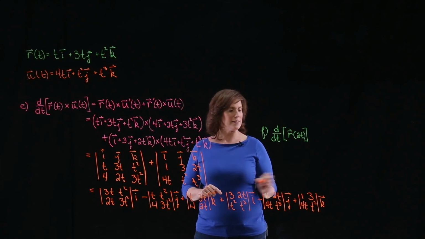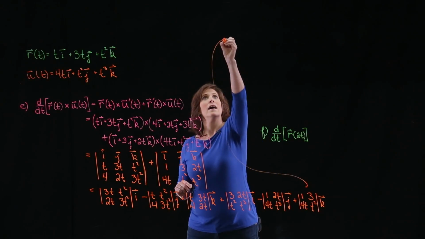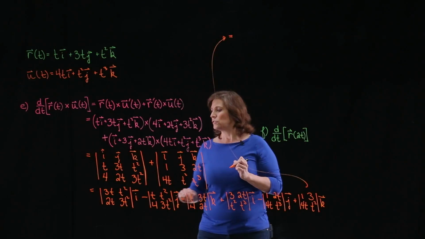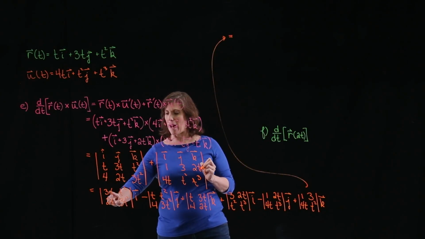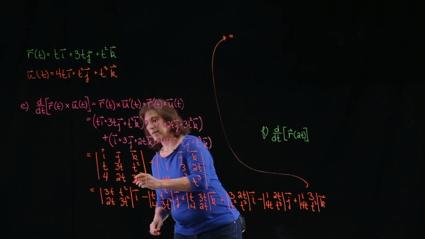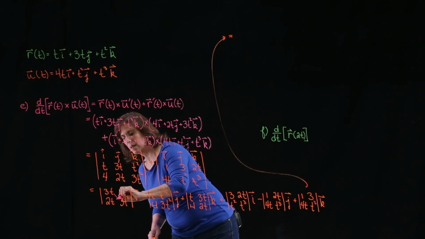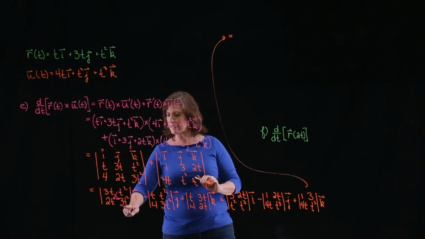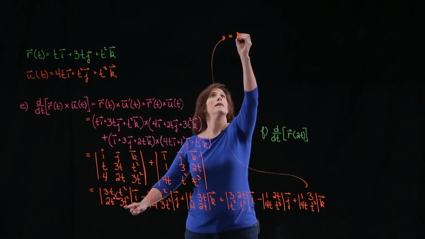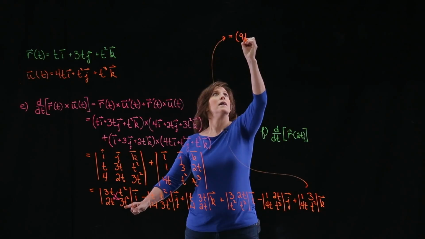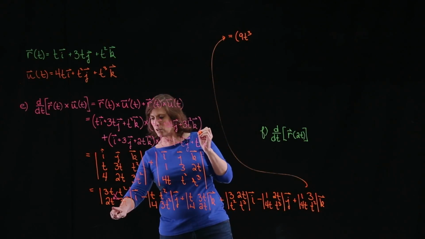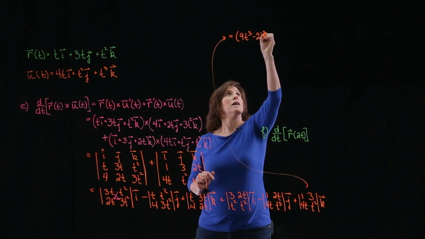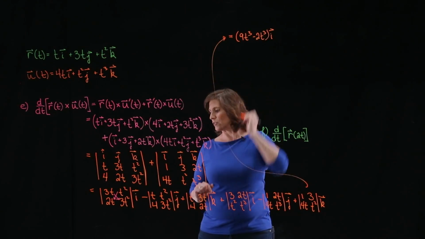Now I'm going to move all of this up here. So now, to evaluate this determinant, I'm just going to take this product and subtract that one. So I'm going to end up with 9t cubed minus 2t cubed times my vector i.